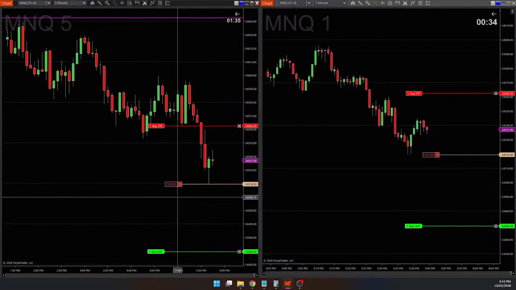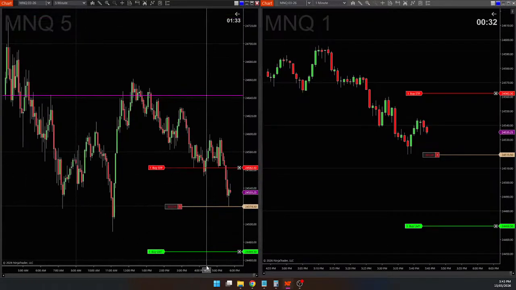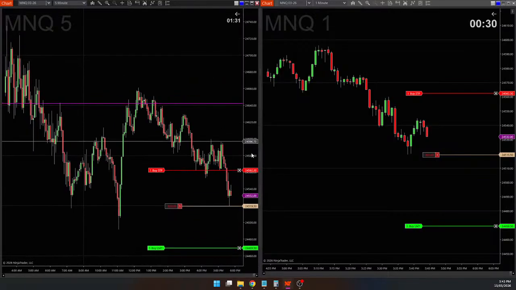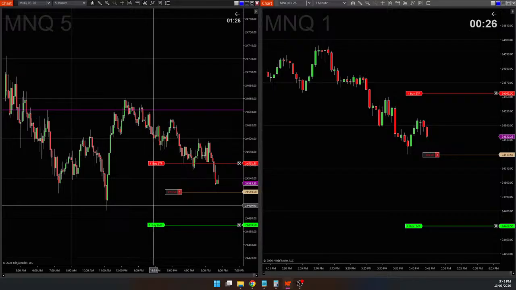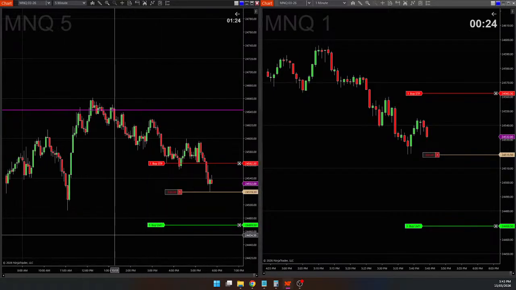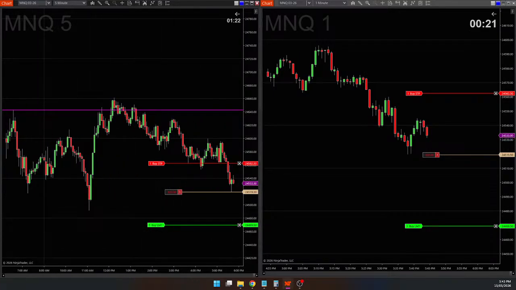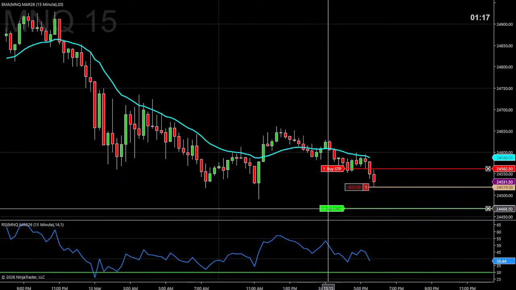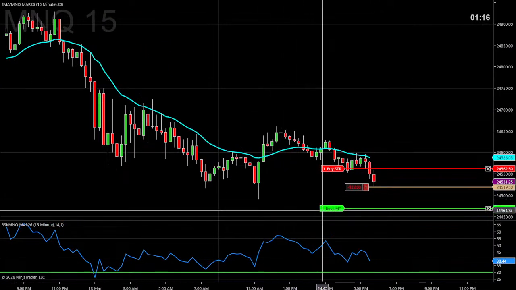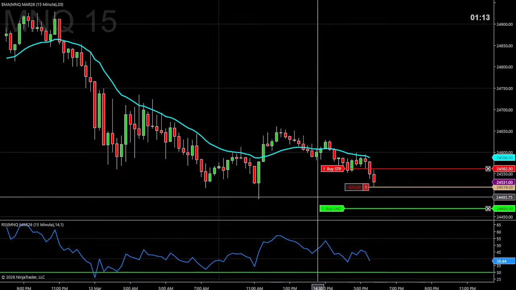Like, it's past support. On the major chart, yeah, it's well past support. A bit unrealistic. I probably should move that up a bit.